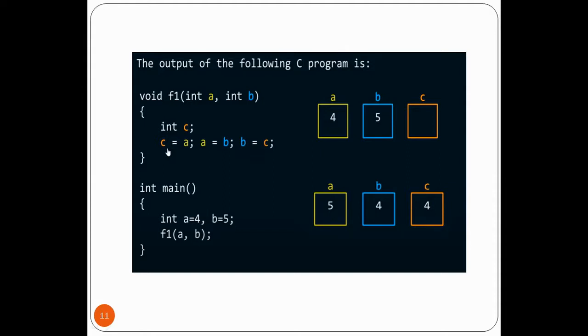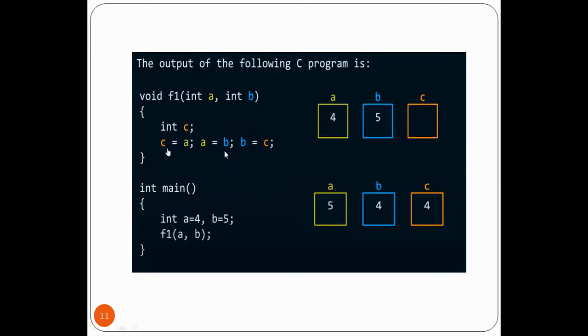I will repeat it, okay? We have a 4, b 5, and we have another variable c, which is empty at this moment. At first line, c is equal to a. We are putting the value of a in c. So we have 4 in a, we will put 4 in c. Is that clear? Then a is equal to b.